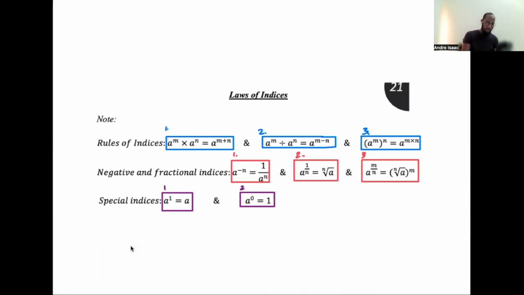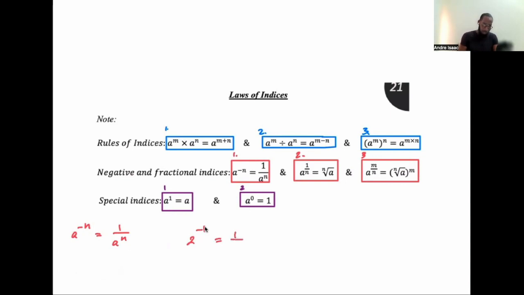Now let's look at this here, negative and fractional indices. So a to the negative n is 1 over a to the n. This is what I like to say: if I have 2 to the negative 1, I'm thinking numerator and denominator. If I see a negative, I will say that this is not the original position. The original position is supposed to be the denominator because of the negative power.